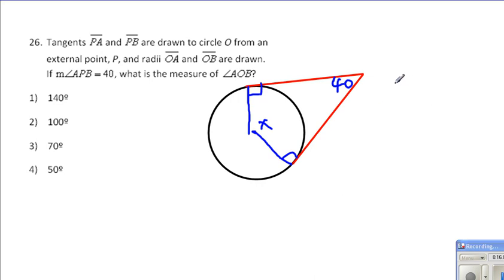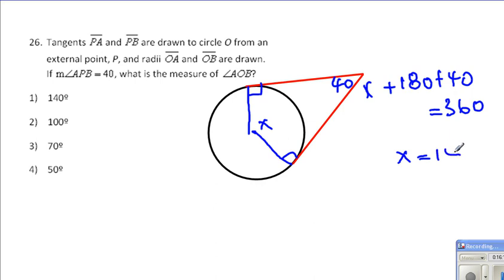It must be equal to 360. So we have 90 plus 90, which is 180, plus 40, plus x must be equal to 360. Now here we get to realize that x must be equal to 140.